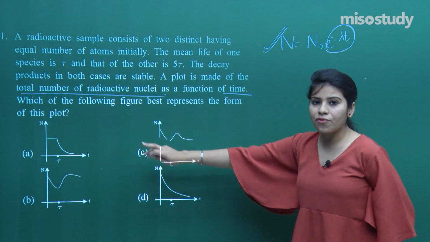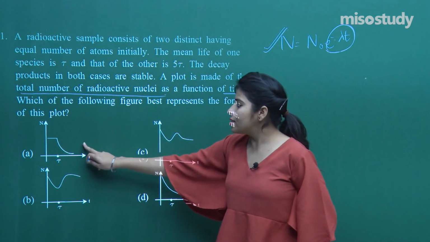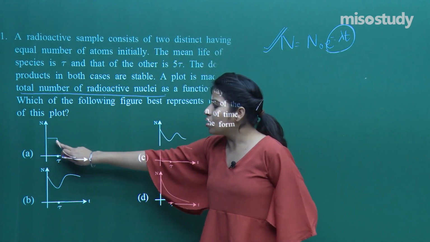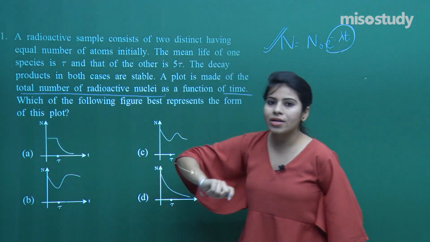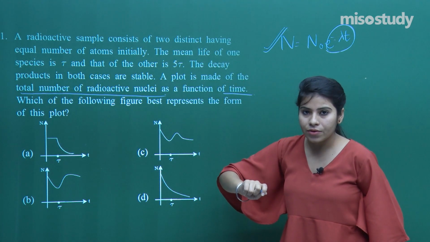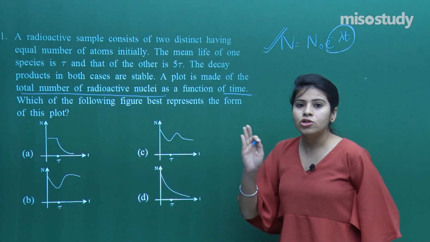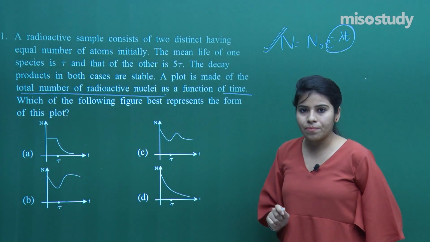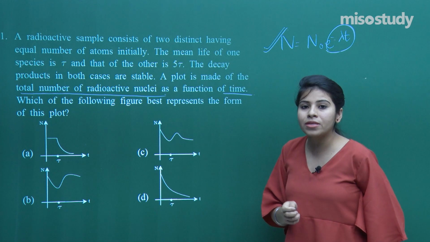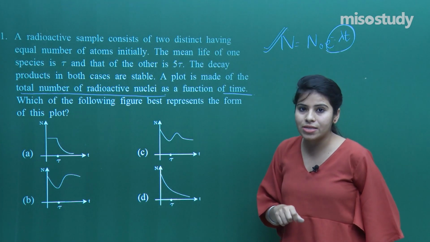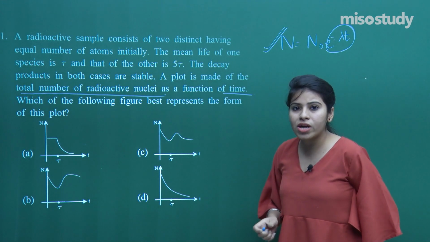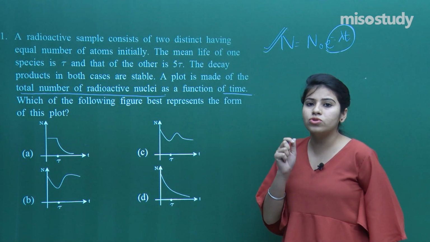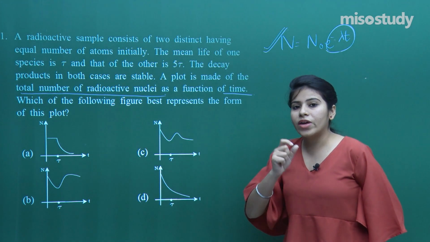If I look at figure number 1, I can see that over a particular interval of time the number of nuclei is constant, neither increasing nor decreasing with time. But this cannot happen, because we know that a radioactive nucleus starts to decay at the very beginning.